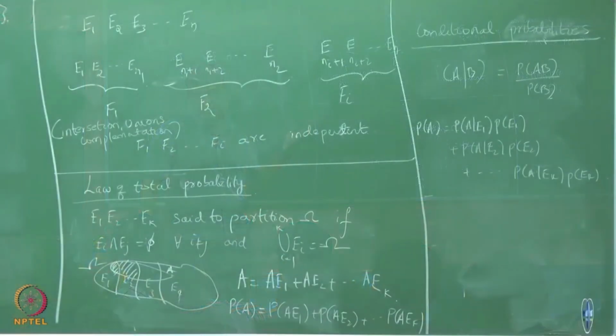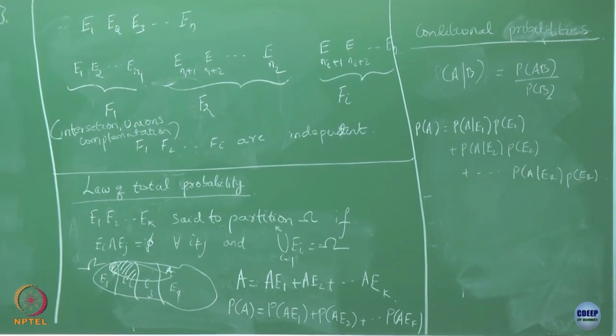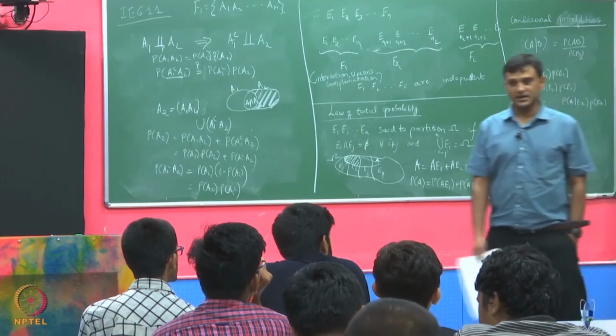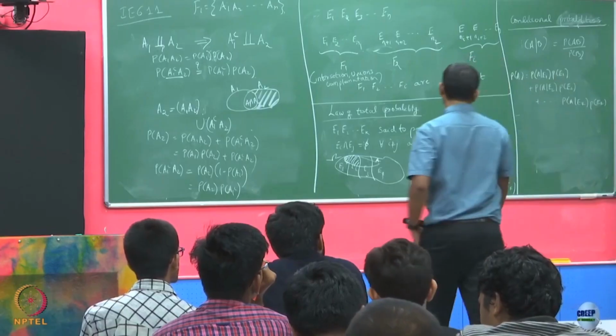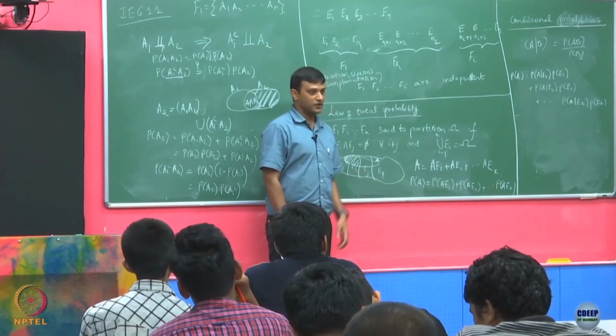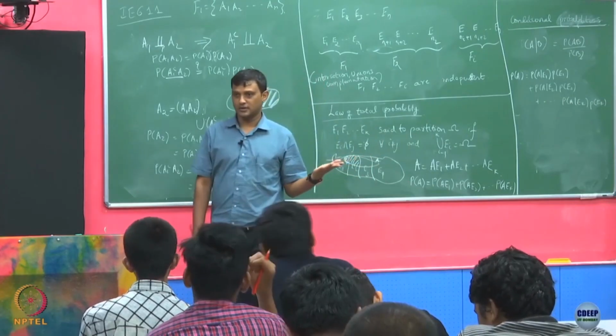Do you think expressing it in this form should be of any use anywhere? Can anybody imagine why it is useful? Yeah, it is not given, but assume that you know these probabilities of E1, E2, E3, E4. You have some information about them.